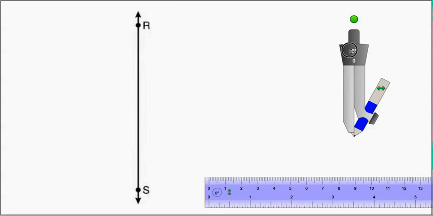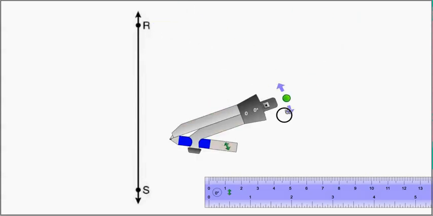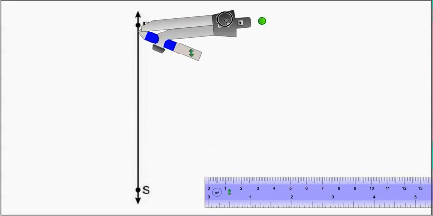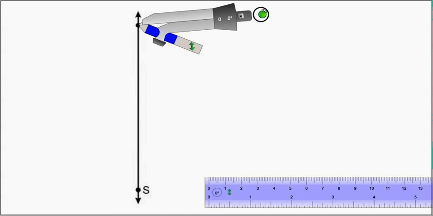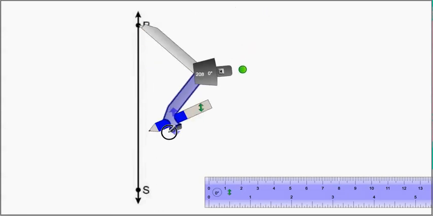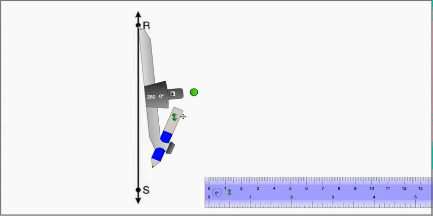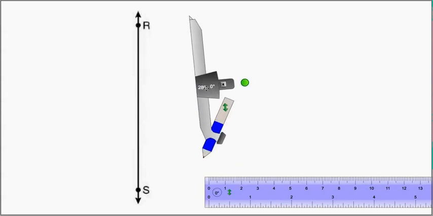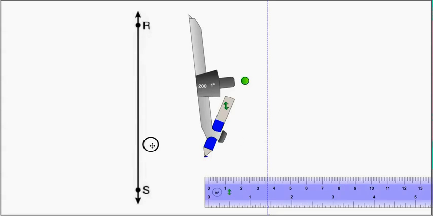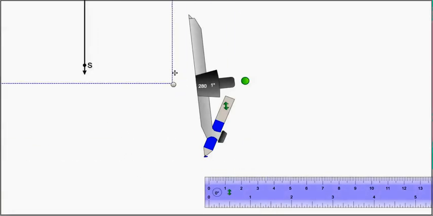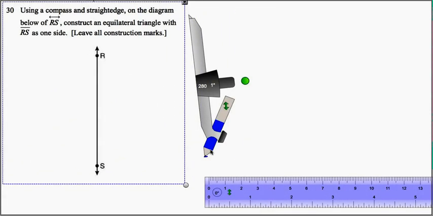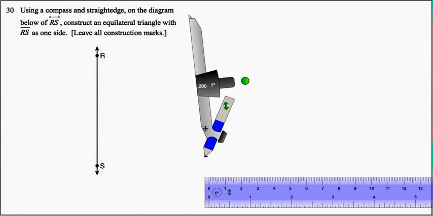So first, in order for us to draw an equilateral triangle, we have to measure that. Okay, actually, mine is a bit too small. So what I'm going to do is this. What if I make the picture a bit smaller? All right.